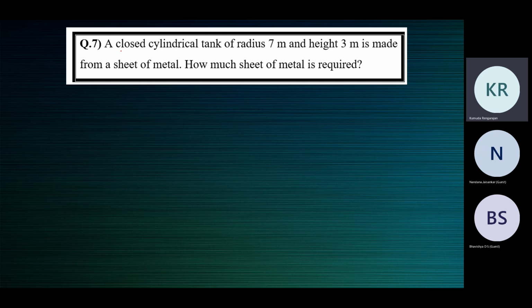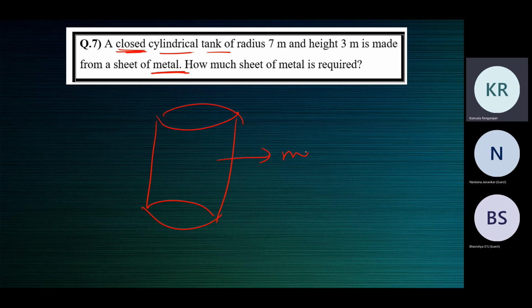Okay, so a closed cylindrical tank, that means it is covered. The top has a lid. The top is covered. Closed cylindrical tank means the tank is not open at the top. It is closed. So there is material used all over. See, it's made of metal.